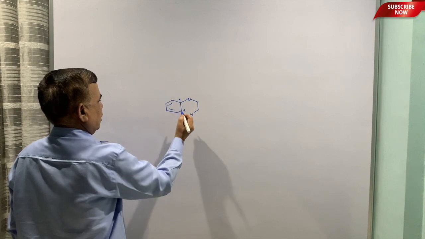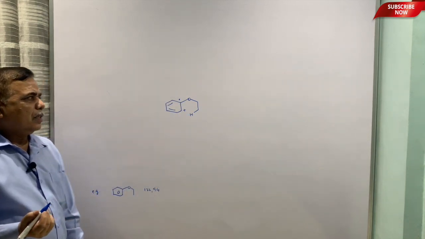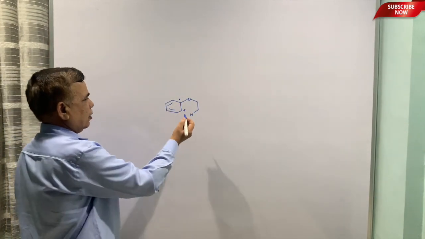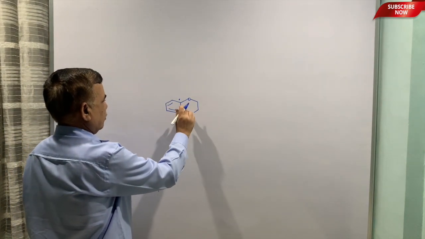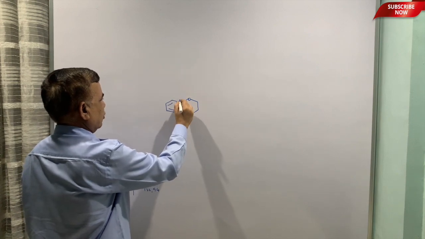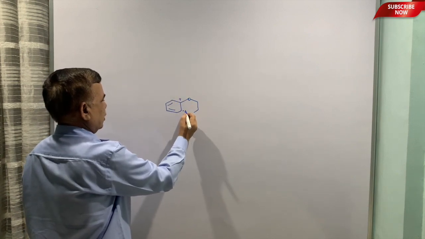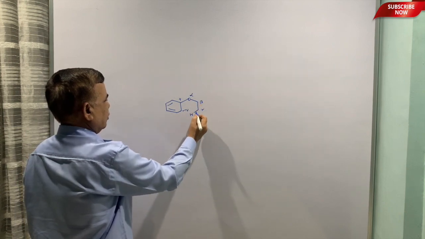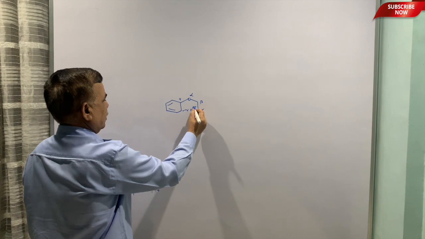Now, you can promote electrons, or you can remove an electron from pi also, or non-bonding. So, if it is lost from the pi orbital, one of the electrons, let me put O there. Now, this is alpha, beta, gamma. Gamma hydrogen abstraction, the McLafferty rearrangement.